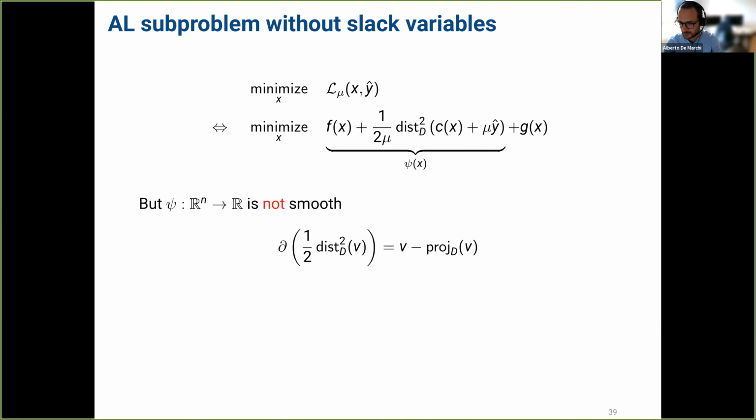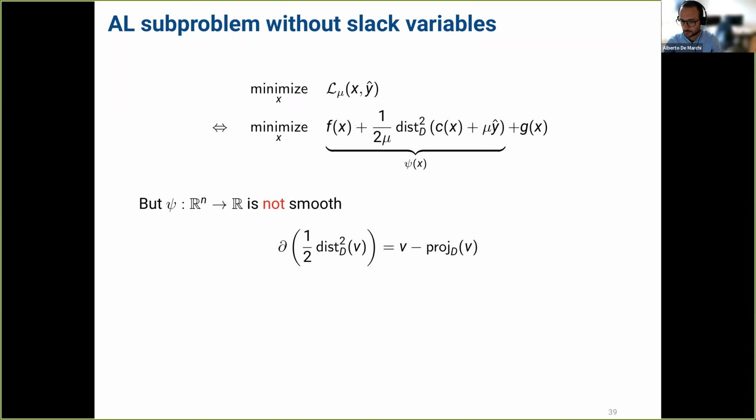And we can see this because here the projection is set valued. So this augmented Lagrangian without slack variables is not really a problem that we can fit into the composite optimization setting.